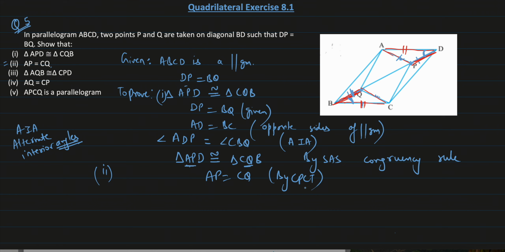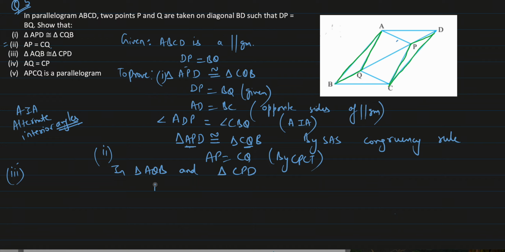Let me erase this part and we'll move over there. The triangle AQB, this triangle, and triangle CPD. So using the same congruency rule, we will do that part. So in triangle AQB and triangle CPD, okay, what do I have?